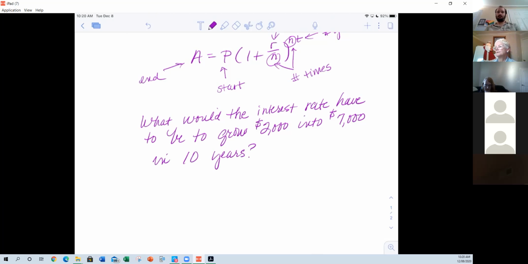We're going to stick $2,000 in some account. Oh, and I need compounded. Hold on. Let's make it compounded quarterly.